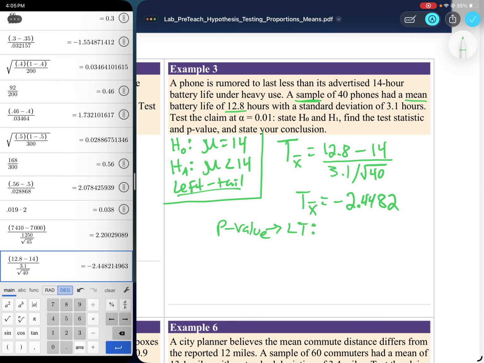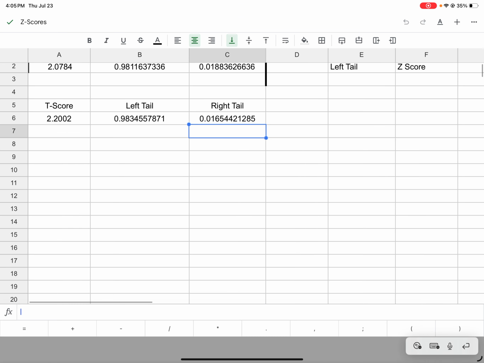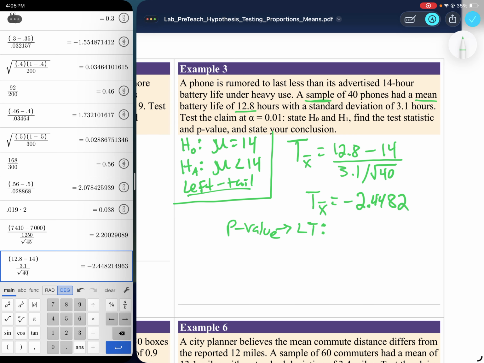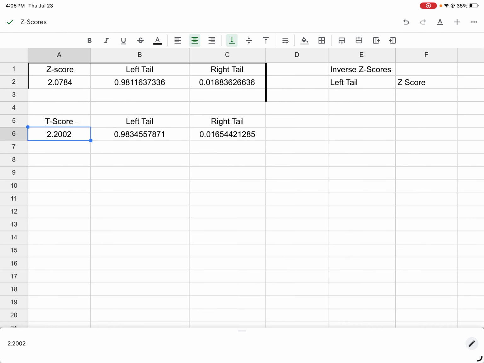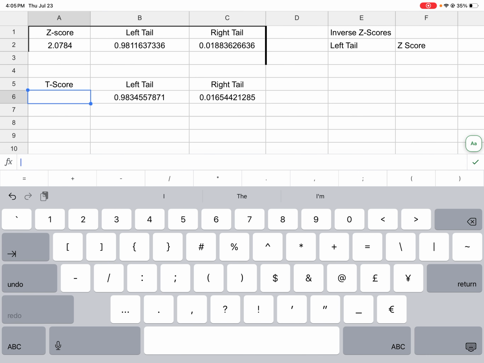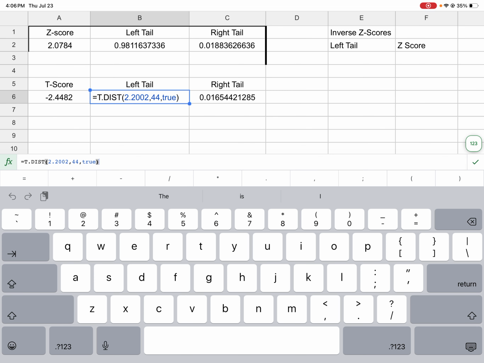So let me jot this down so I don't forget it, negative 2.4482. I also need the sample size when I go over here. My sample size was 40. So I'm going to change my t-score in my spreadsheet here, negative 2.4482. Now I need to change the t statistic that I put into the formula.